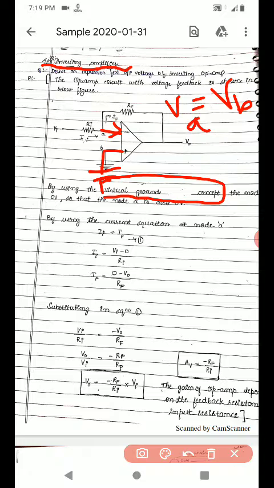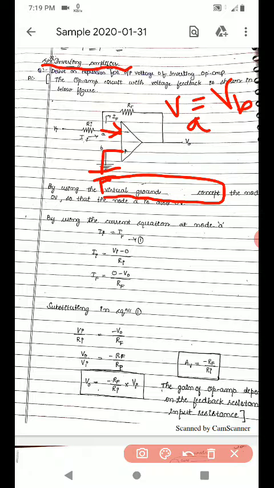Here VA is the voltage at the negative terminal, VB is the voltage at the positive terminal. By the virtual ground concept, VA equals VB. Since VB is grounded, VA is also considered 0.